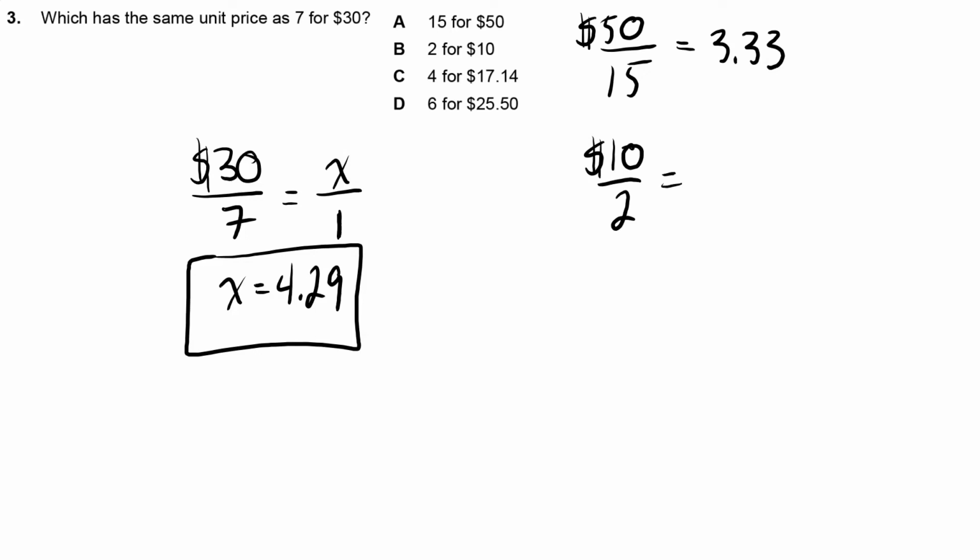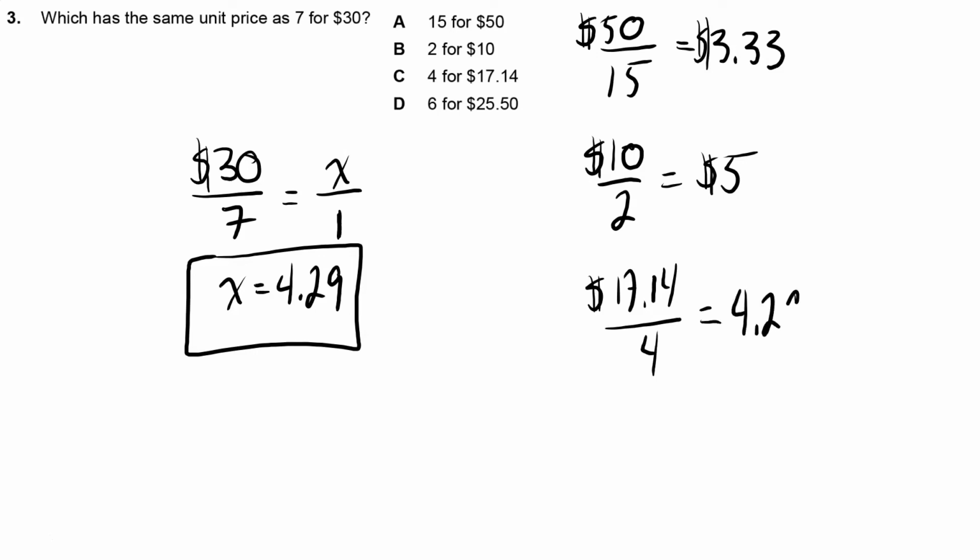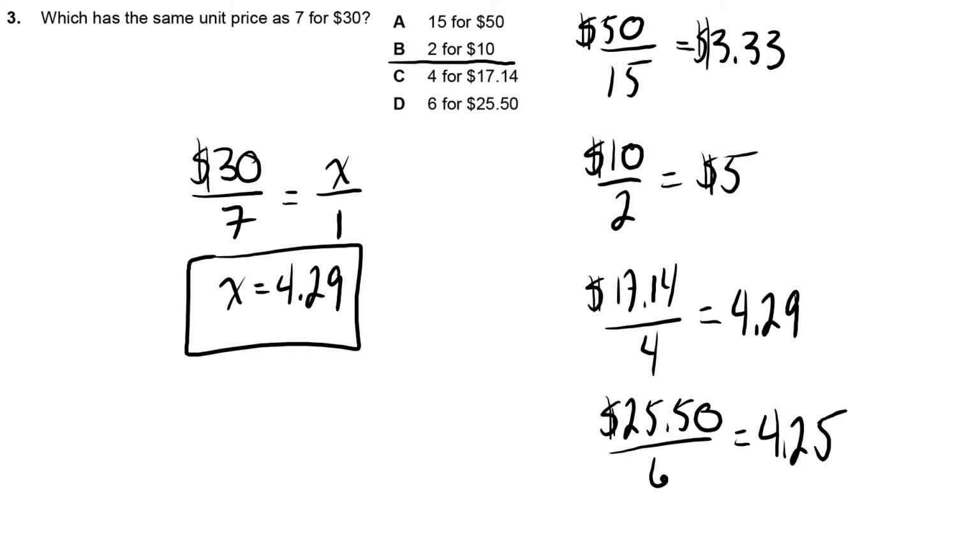Pretty easily we can see if we're dividing both top and bottom by 2, we get $5 for 1. $17.14 divided by 4 is $4.29. And just check the last one, $25.50 divided by 6 is $4.25. So the answer is C, is the same value.